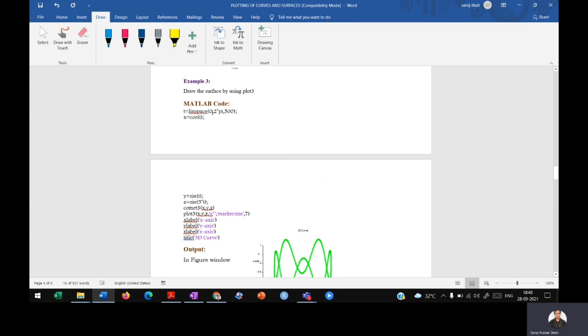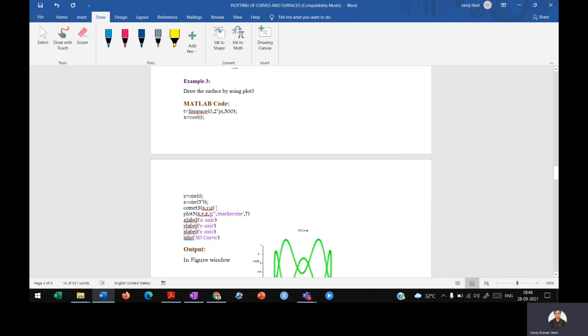For that we also use linspace 0 to 2 pi, with 500 points, and we find the t value. Then x is defined as cos t, y as sin t, and z as sin 5t, for any curve given in parametric form. Then we use comet3, also a drawing command used to plot a three-dimensional figure. You can also use plot3. Plot3 means it will plot in three dimensions, so you can use either.